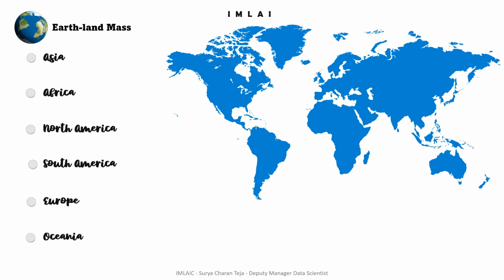As you all know, Earth's landmass is classified into 7 continents. Let's begin with Asia. I think you can see it. Then Africa. Here it is. You can see my mouse pointer, right? Then we have North America on top, then South America at the bottom.